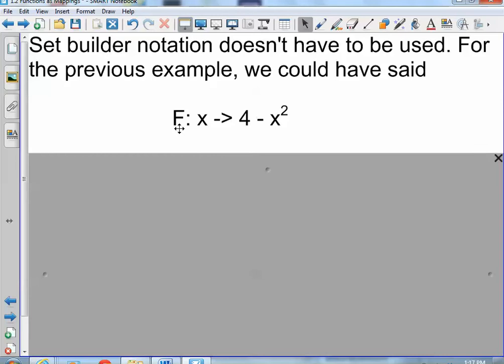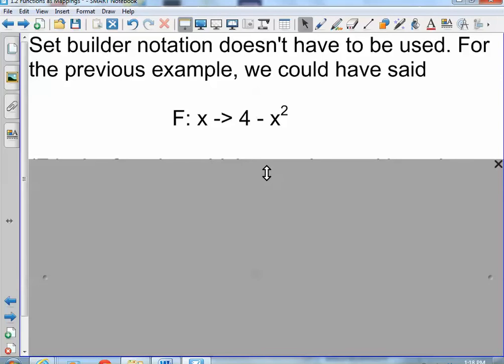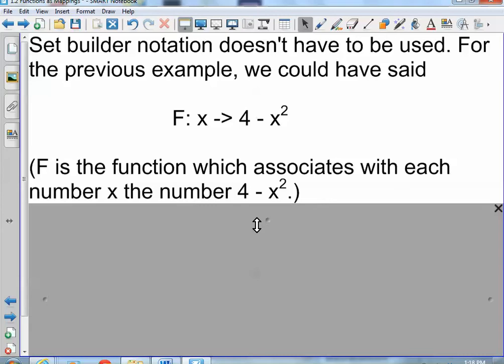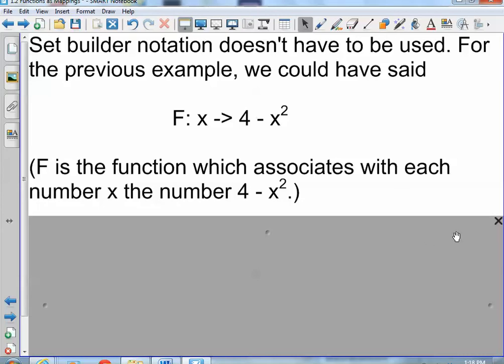This says you have a function f such that every x is mapped onto 4 minus x squared. You need to know how to read all these different notations because they all show up. So our function is f. Every x goes to 4 minus x squared. Are you comfortable with that notation?